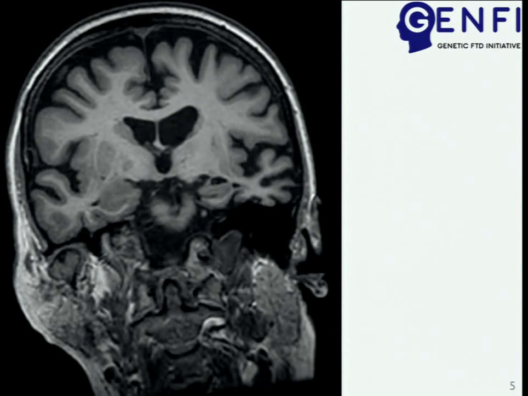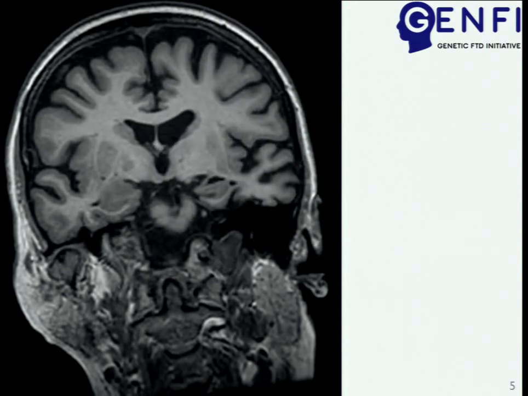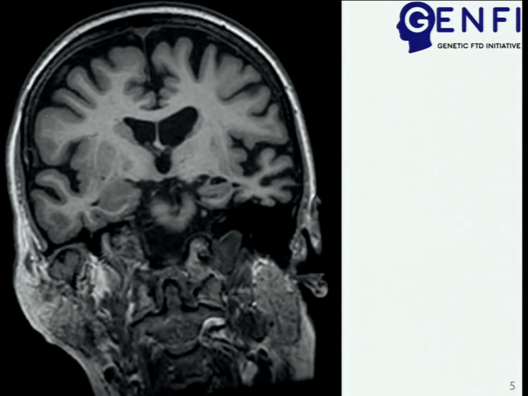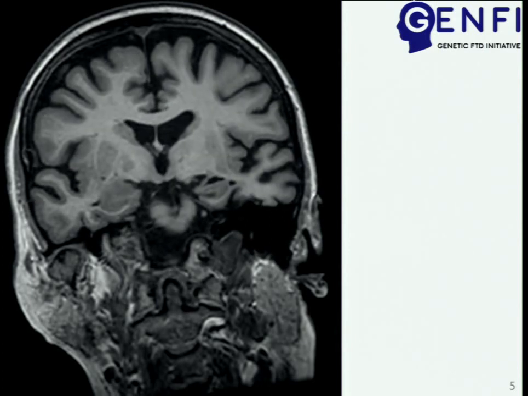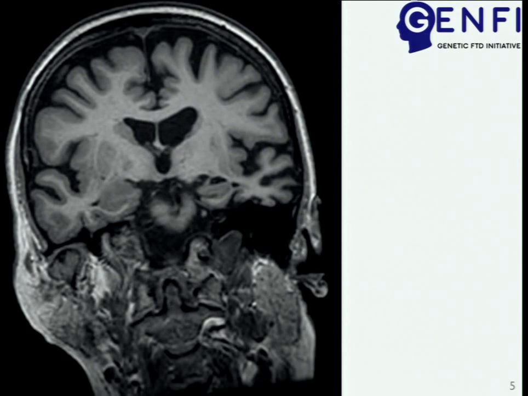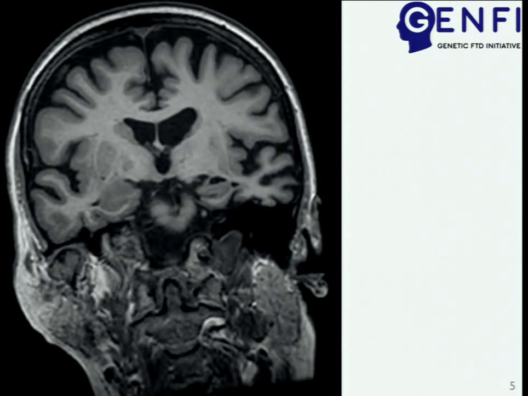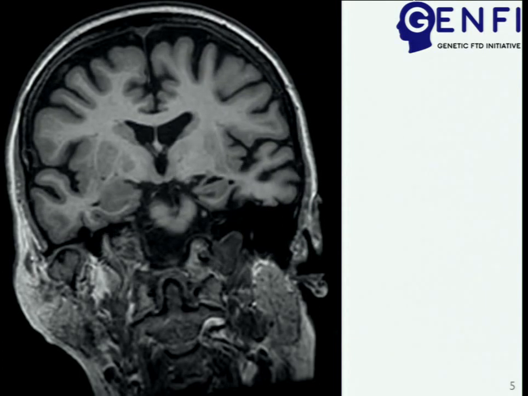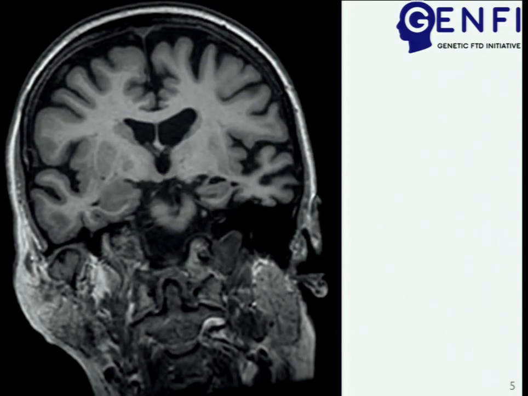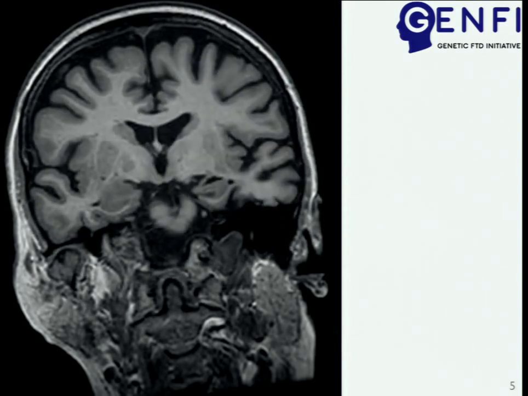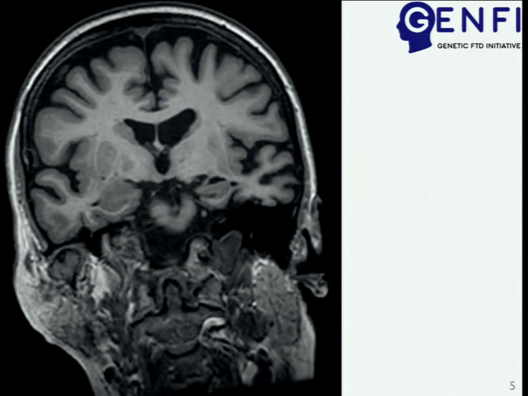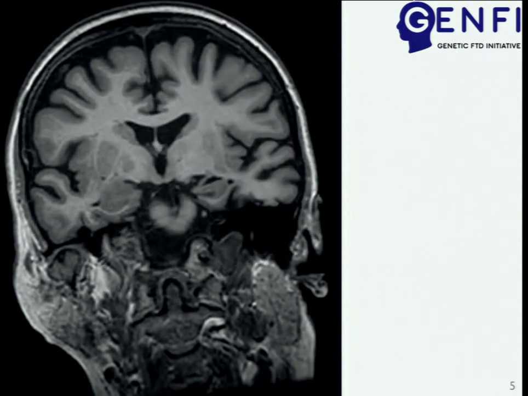Actually, the first scans are done before this person develops symptoms. So this is happening even before the development of any symptoms. So when we say that part of that pathway involves loss of cells, brain atrophy, from studies like this we can say people are starting to lose cells even before they develop symptoms.